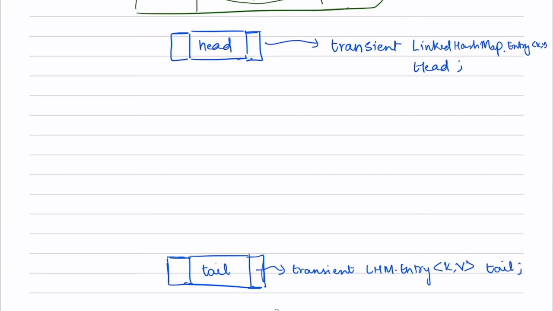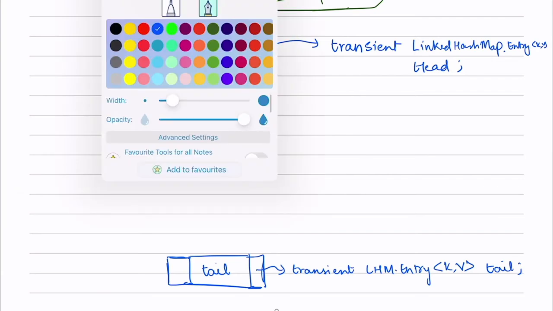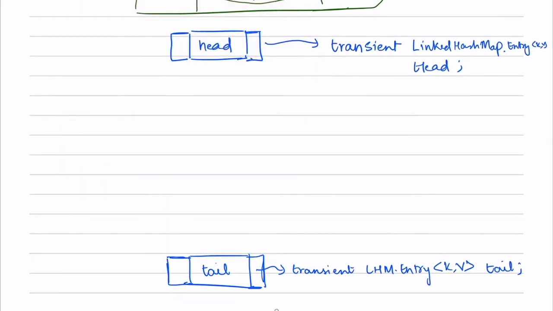And when this is empty, you can see that after will point to tail, and the previous of tail will point to head. Let's not go into that, it's not very important as well. So here let's see this one. This is how there is an array, right?